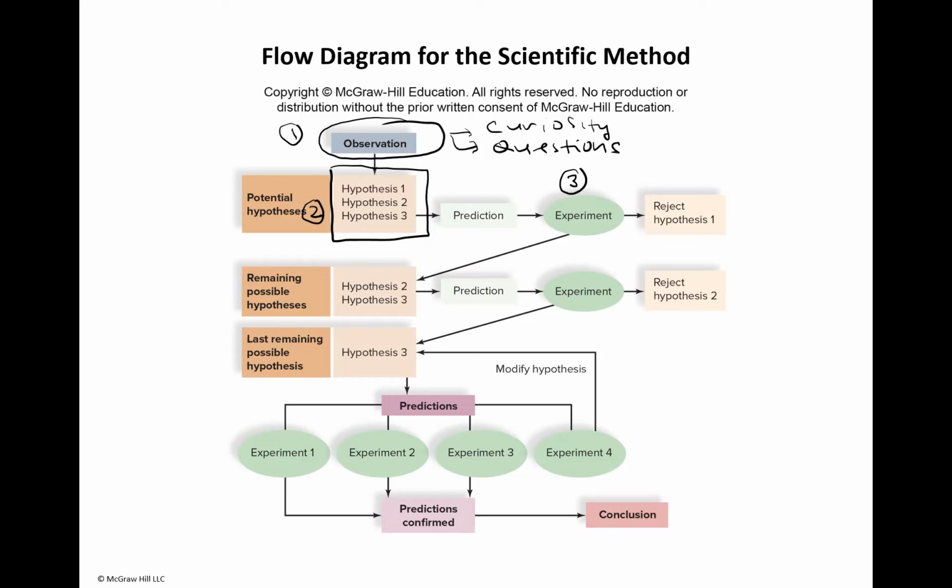Again, if our hypothesis is rejected, then we have to create a new hypothesis with a new prediction and a new experiment, and continue until we have confirmation of our prediction, which will be the results over here. So the fourth step will be the results.